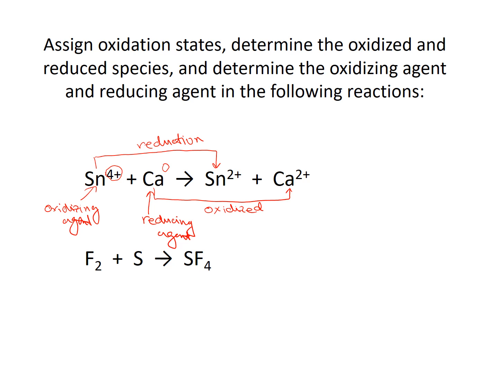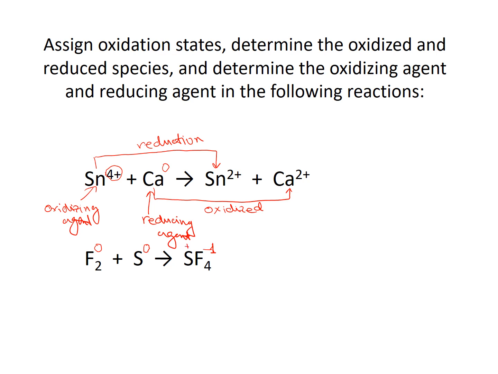We can do the same thing for the next chemical equation. Fluorine is in its elemental form, so the oxidation number is 0. Sulfur is in its elemental form, so oxidation number is 0. And on the product side, fluoride is going to have an oxidation number of -1.